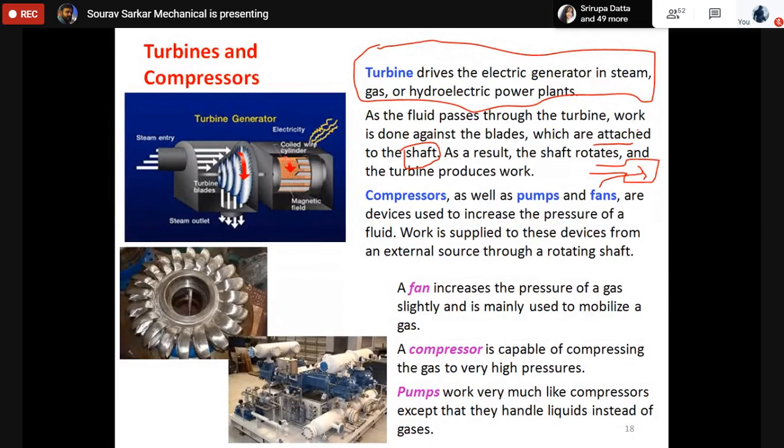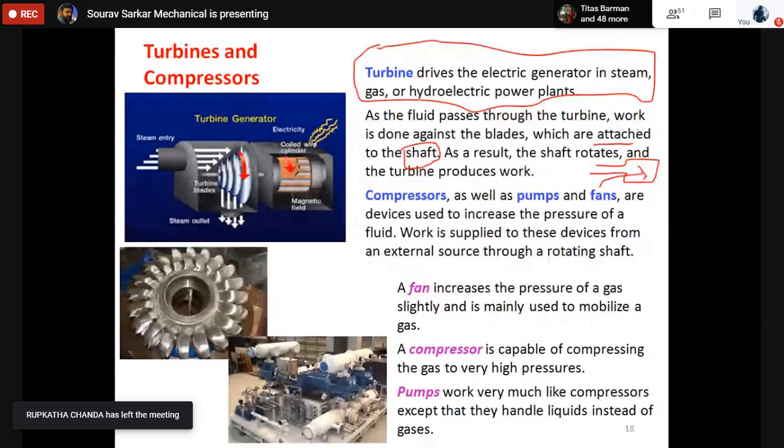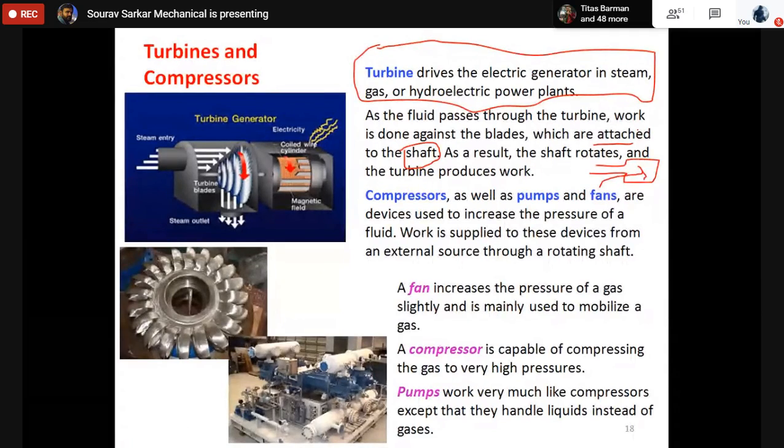You are extracting that energy from the fluid and converting it into a low energy fluid. That is what the turbine does. It absorbs the kinetic energy of the incoming fluid, causes a rotation, and finally the fluid leaves the system with a low amount of energy.